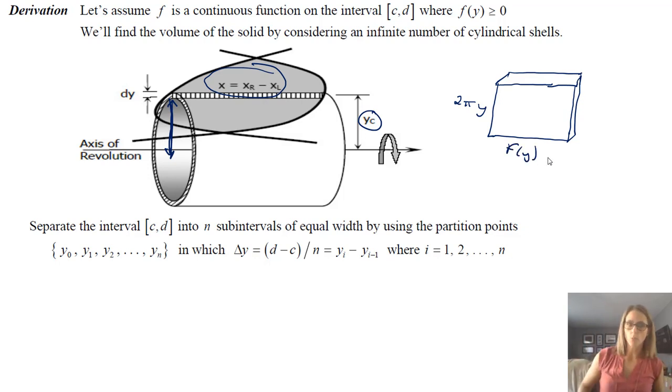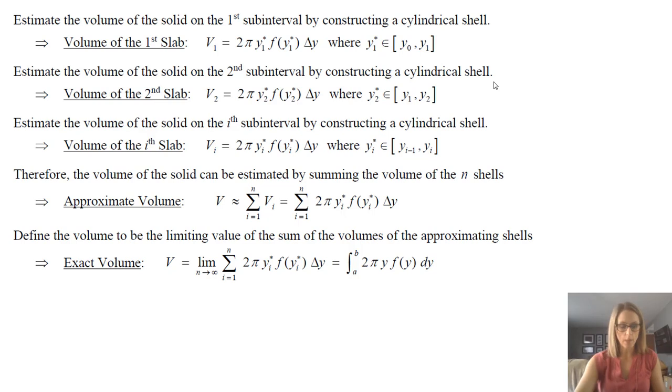Now, it depends on the function. We'll see some different examples, but it's the idea of what the curves are. And then it's going to have some sort of depth, some sort of dy to it. But putting those together gives us the same thing that we had before, just with the idea of 2 pi y, f of y in this case.